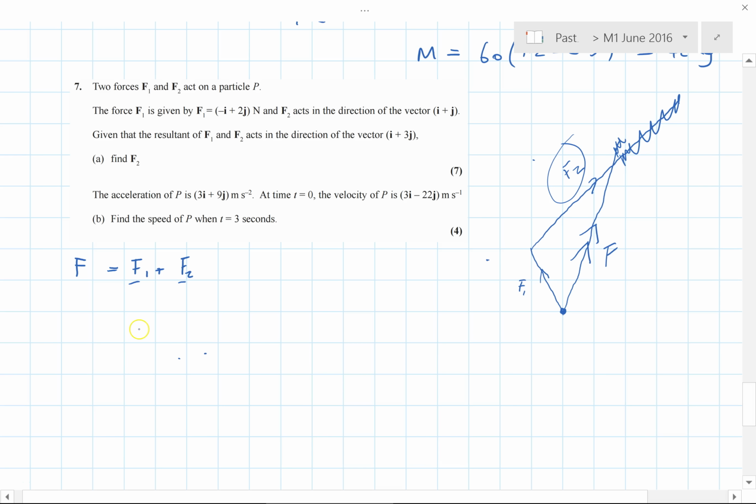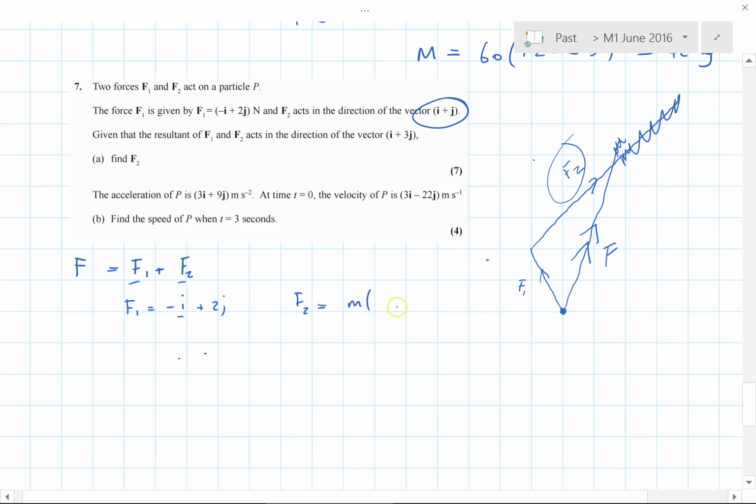One principle we need to understand is that F2 is in the direction i plus j.